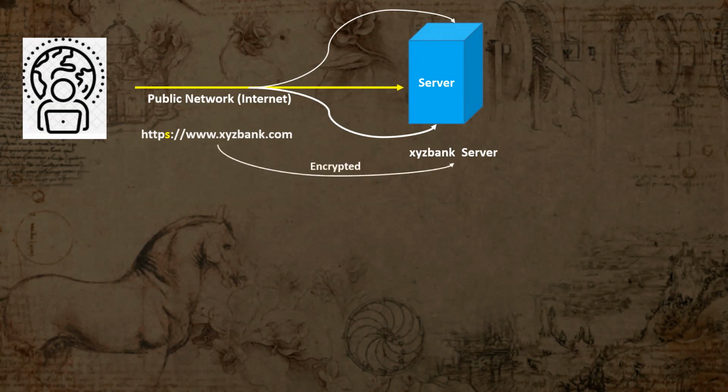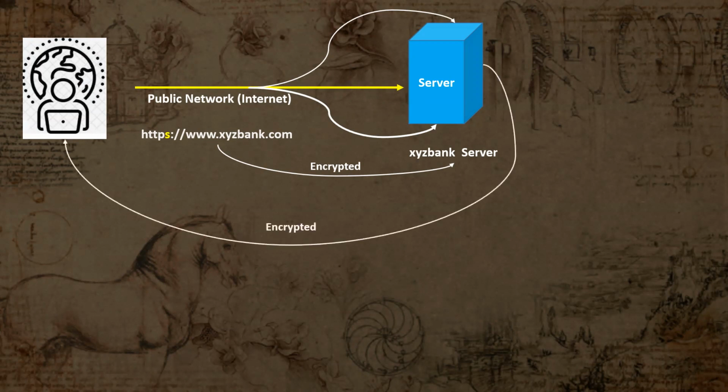When your data is transferred from your browser to the XYZ bank server over the public network, it is encrypted with the help of the key pair, a combination of public and private key. And once the response is sent back to your browser, it is again encrypted.